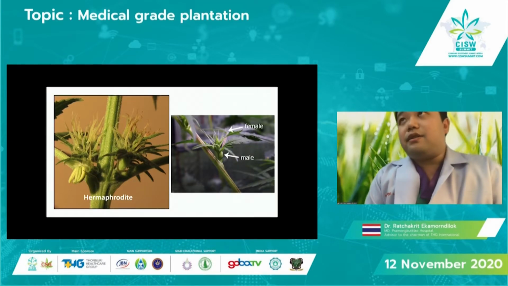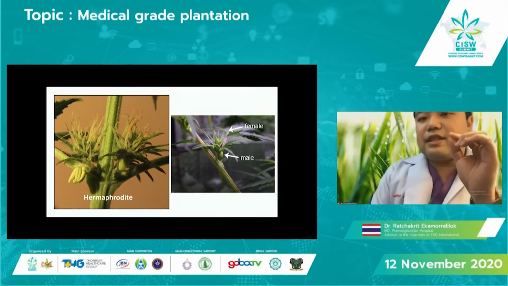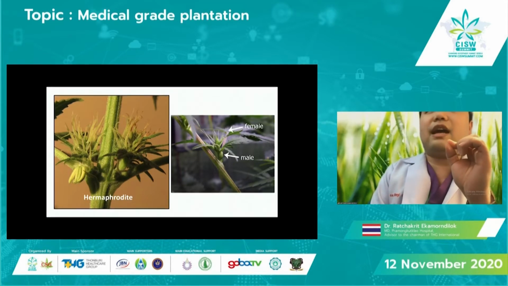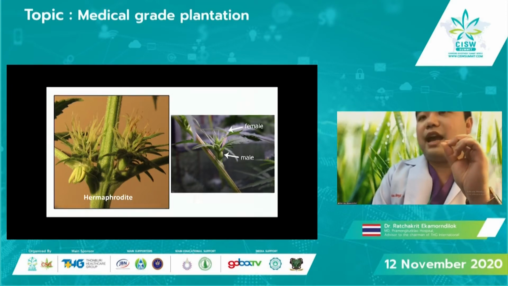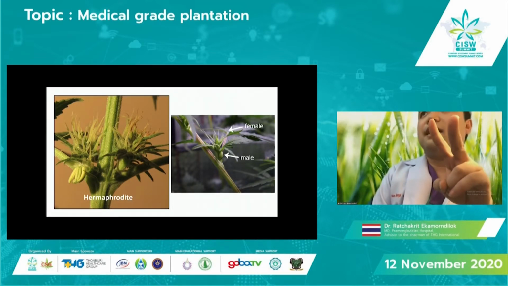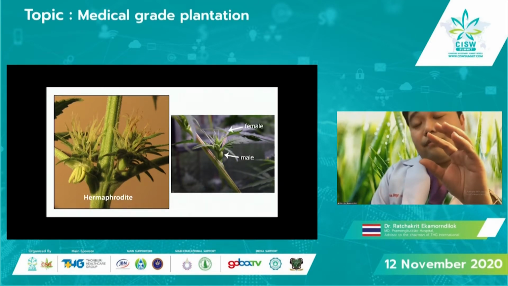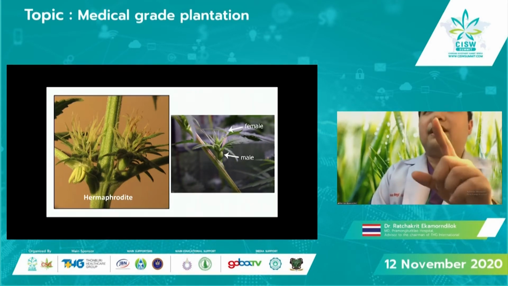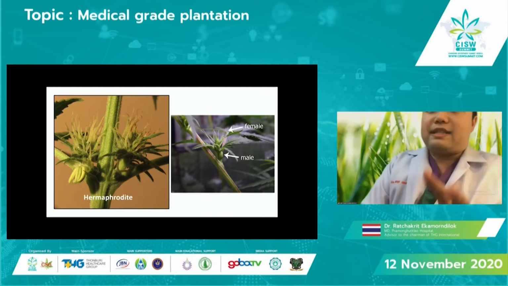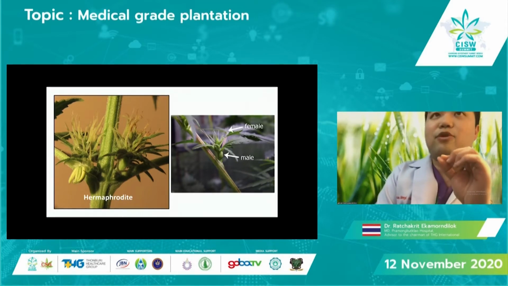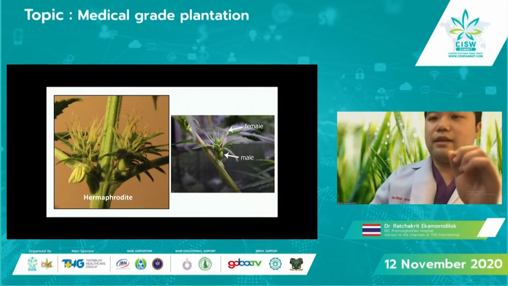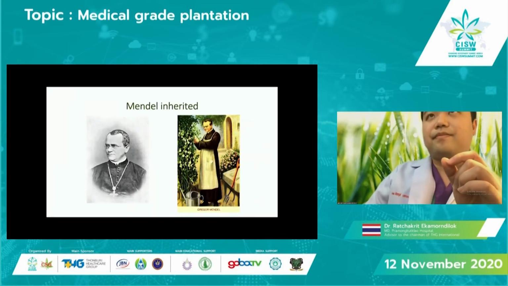You may have heard of hermaphrodite cannabis. A hermaphrodite has two sexes in one plant, female and male. It is very beneficial for reproduction when you need only female-sex seeds. I'm going to talk about it later.